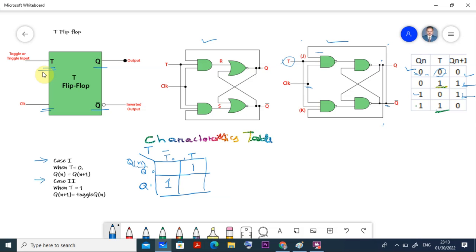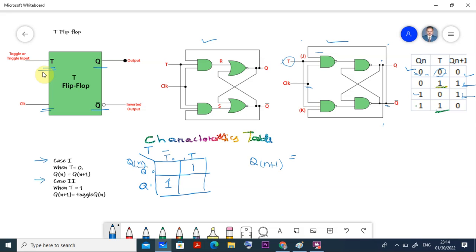So this is the Karnaugh map, it is there like this. Then how to write all the things? If you find the min terms, then Qn+1 becomes, you see previously it was Qn.